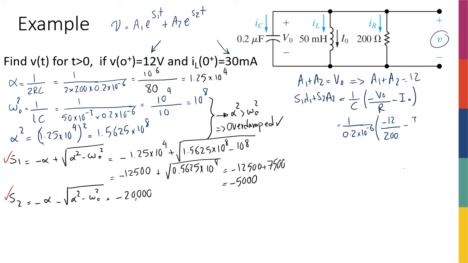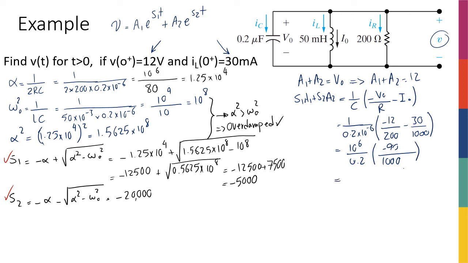So minus 30 times 10 to the negative 3, or I can just bring it here, so 30 over 1000, right? 30 milli. Common denominator of the two, I get, so I bring the 10 to the power of 6 up here over 0.2, and then here I can take the common denominator. It's going to be negative 12 times 5, so negative 60, and negative 30, so negative 90.